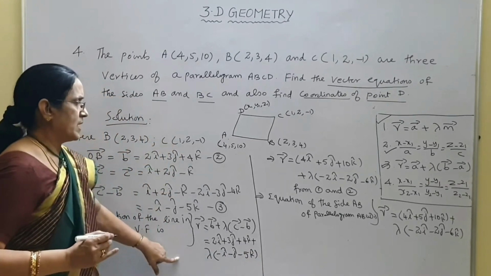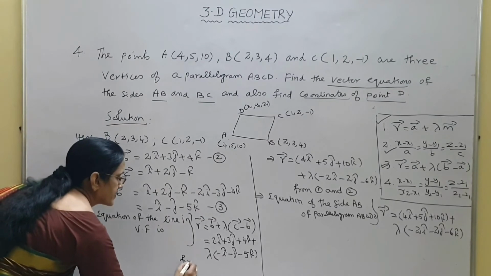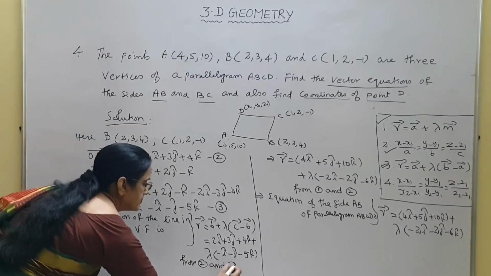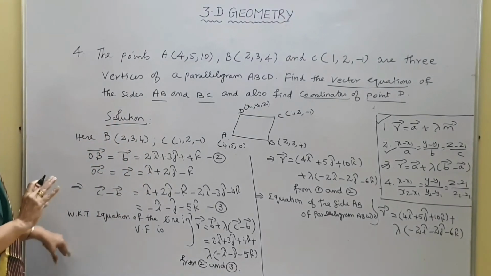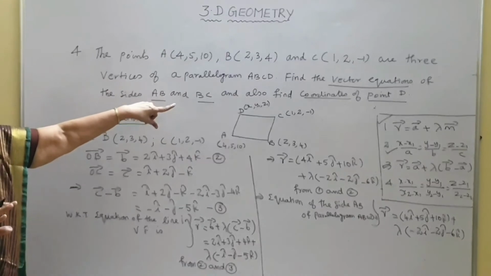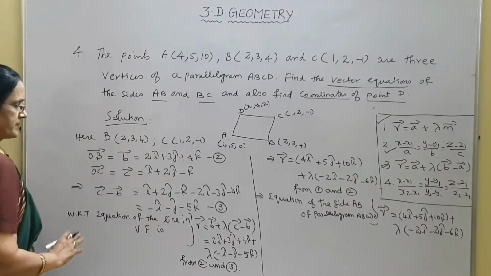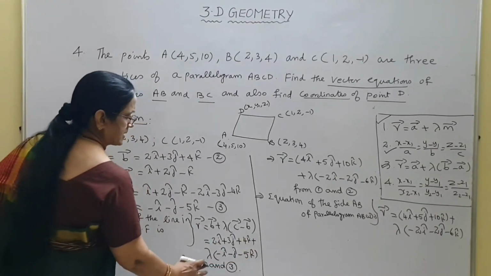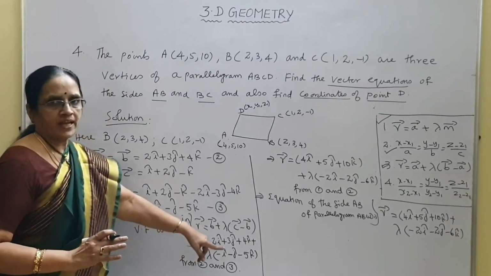This I am getting from 2 and 3. You need to write finally, therefore, the equation of the side BC of the parallelogram ABCD is 2i cap plus 3j cap plus 4k cap plus lambda times (minus i cap minus j cap minus 5k cap).